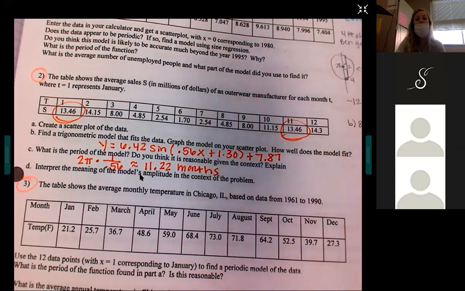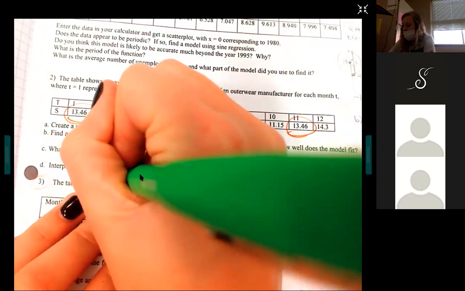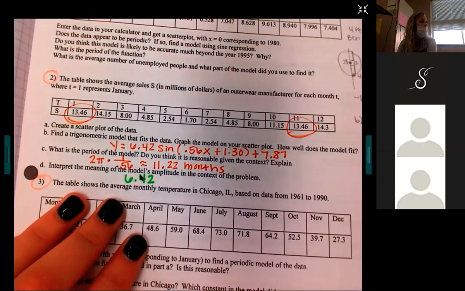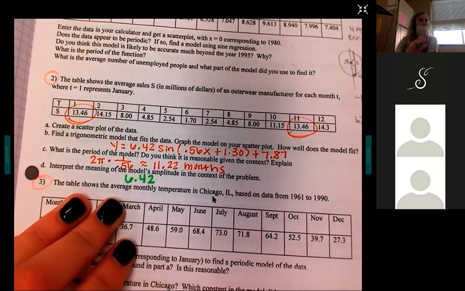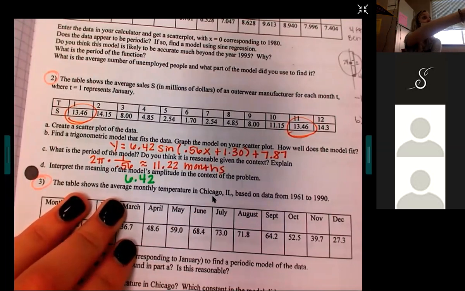Interpret the meaning of the amplitude. What is our amplitude? Very good. 6.42, which we know because we've been doing a lot of this, right? 6.42 is the amplitude. What does the amplitude go up and down from? Not 0. Good. The midline.